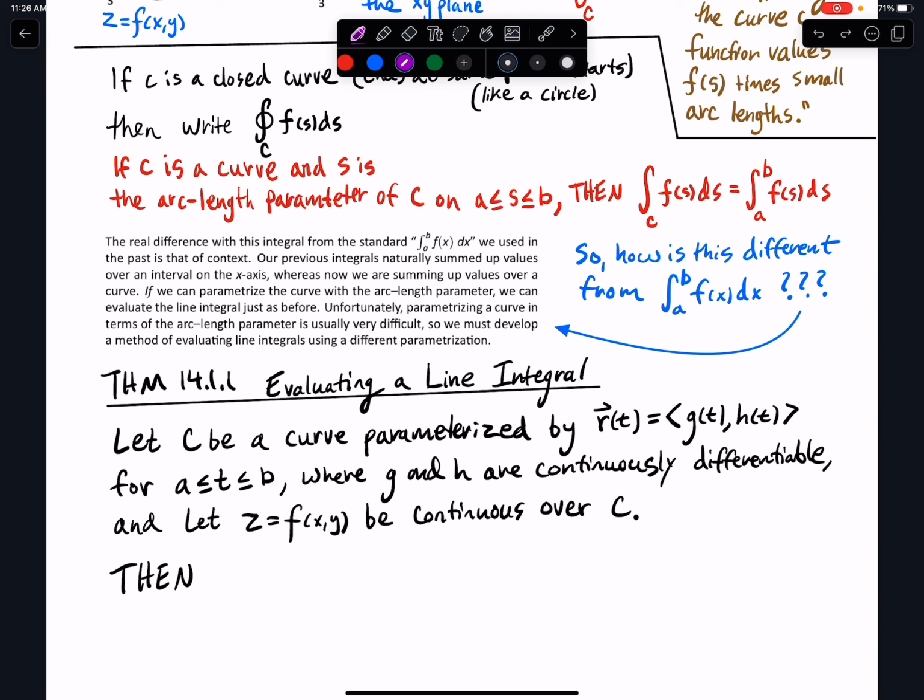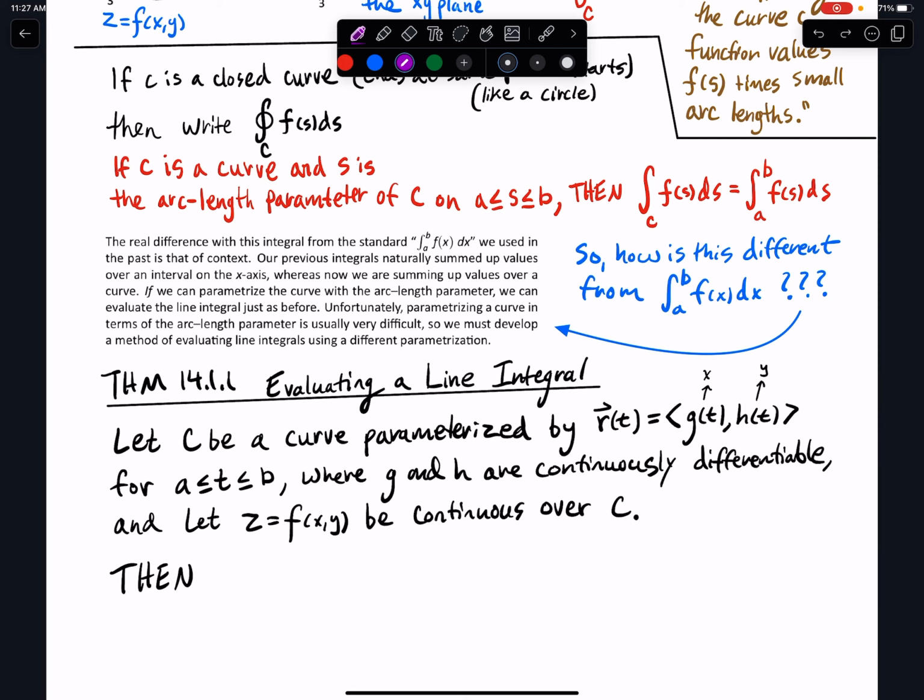Let C be a curve parameterized by r of t equal to the vector with x component g of t and y component h of t, for t between and including a and b, where g and h are continuously differentiable, and I'm going to let z be continuous over C. So z is that surface on top of or below that xy plane, and it's continuous over that curve C that we are evaluating our line integral.